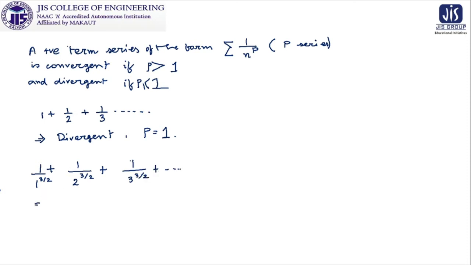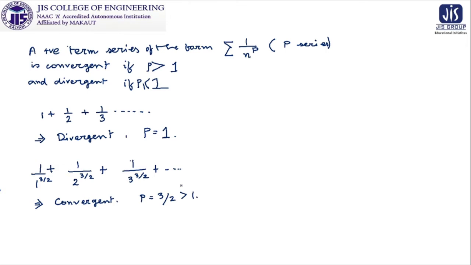Here p is fixed. In this case, we can claim that our series is convergent, and the reason is very simple: the value of p is 3 by 2, which is obviously greater than 1. So this information is very important, when a p series is convergent and when it is divergent.